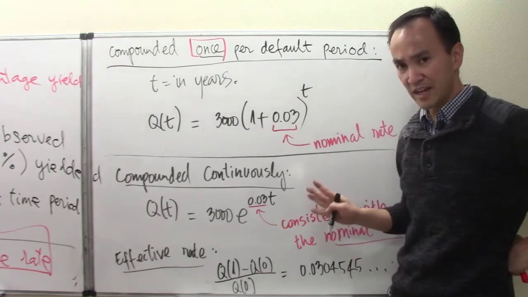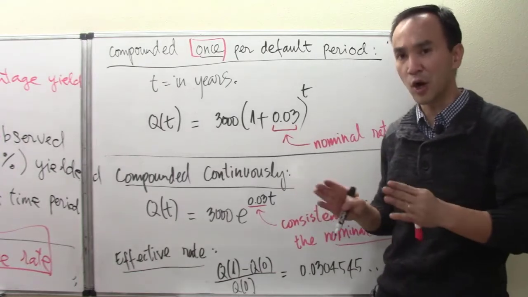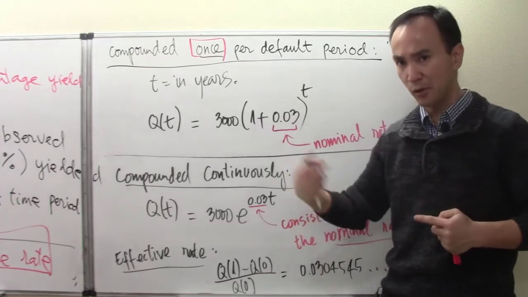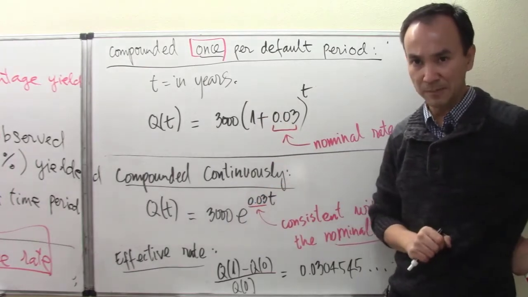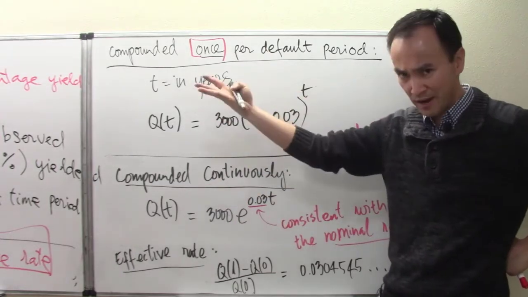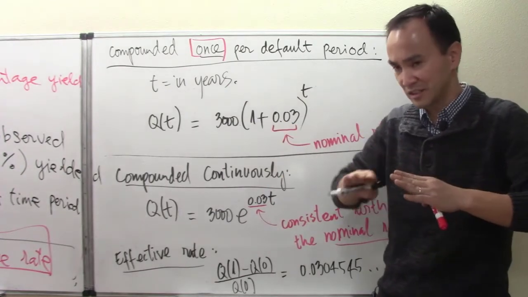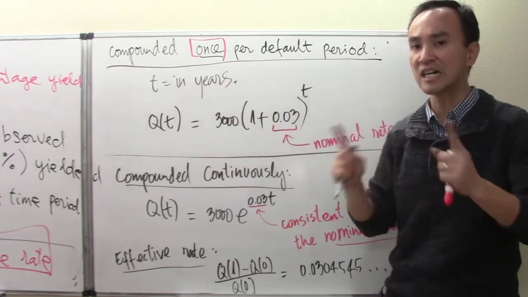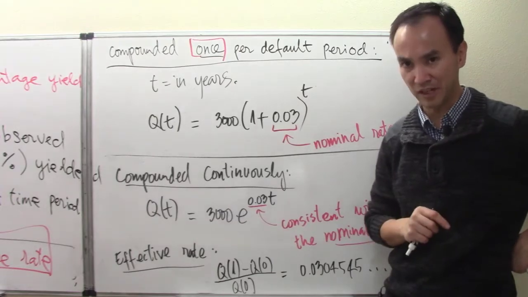After introducing the term effective rate, I tend to focus on those situations where we are compounding more frequently than once per default time period. And I'm preparing anyone to also step out of the financial math problem and be ready for other kinds of exponential growth or exponential decay problems out there.